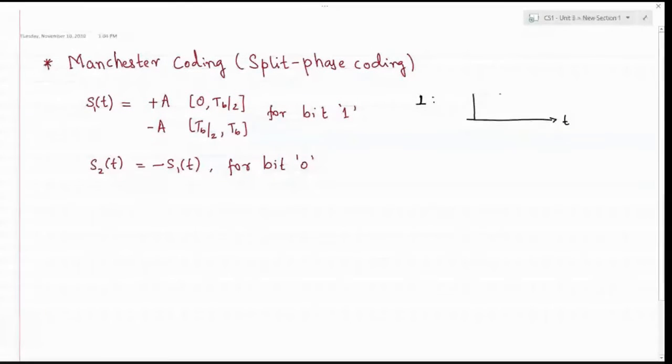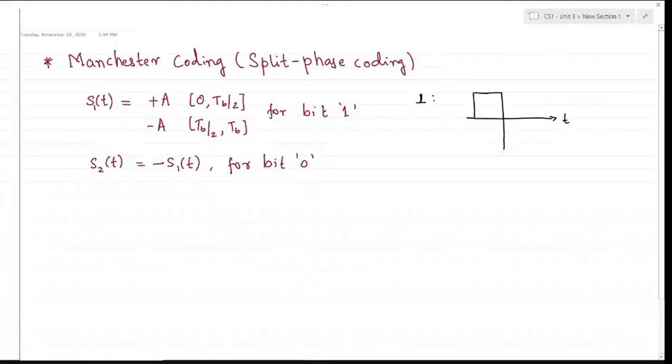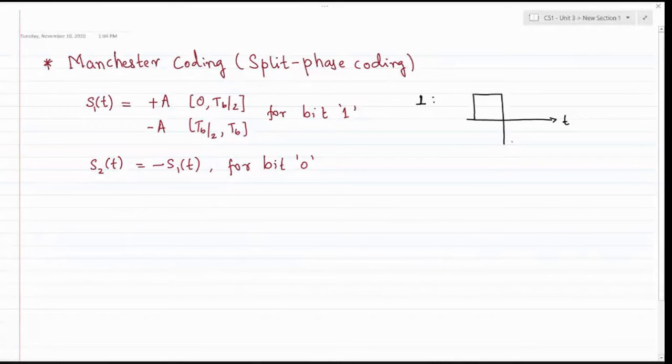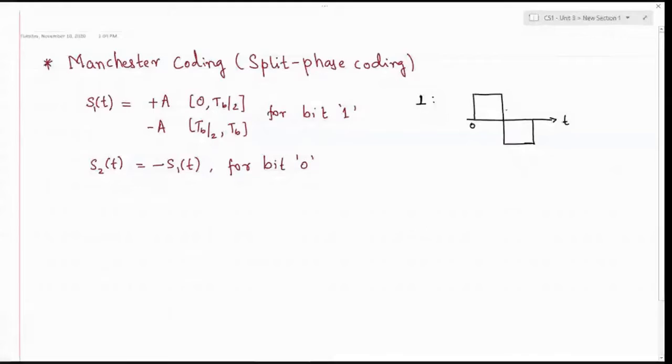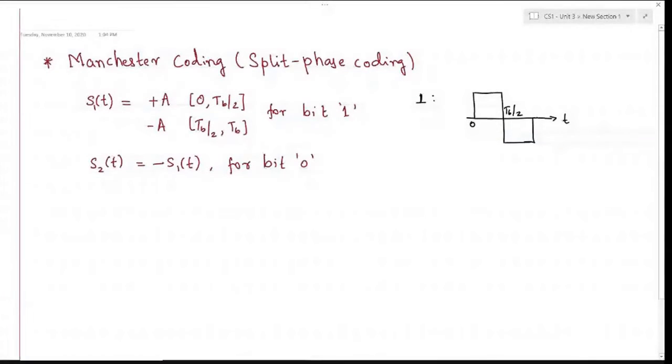this: for half the duration it is plus A, and for the other half of the duration it is minus A. This is 0, this is TB over 2, and this is TB.